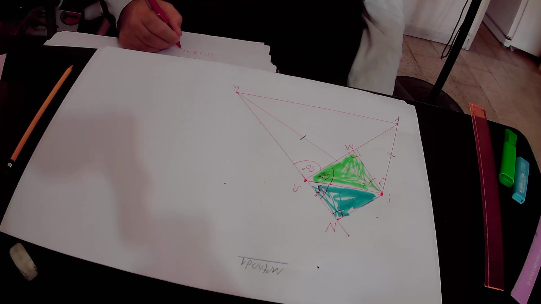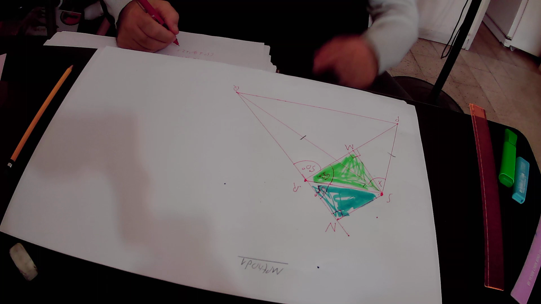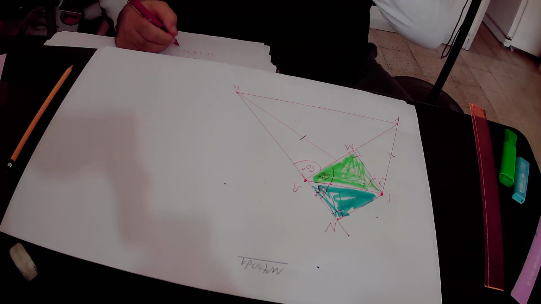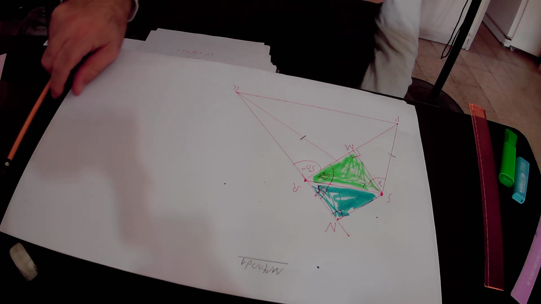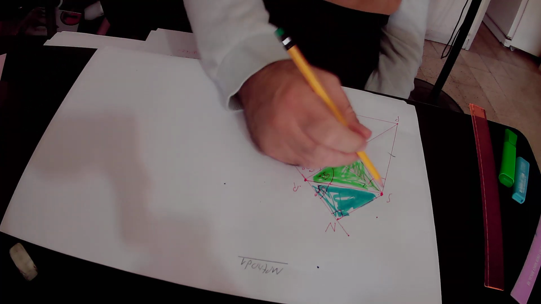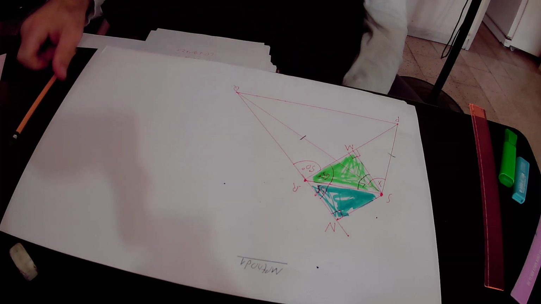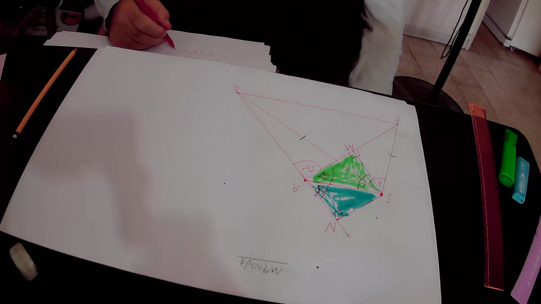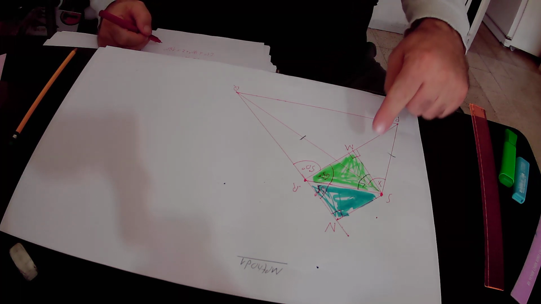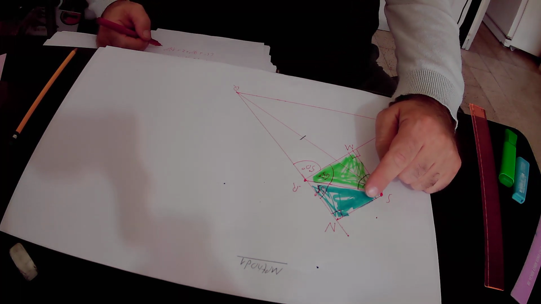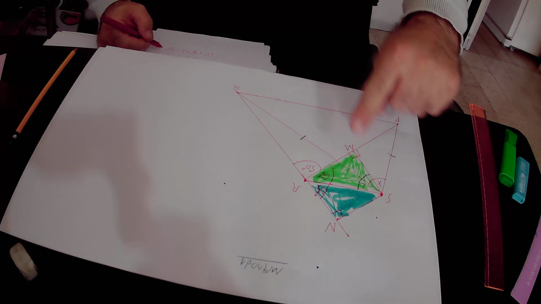So the sum of those three angles in the green triangle must be equal to 180 degrees, and actually Z is also the size of this angle because we have two angles that are equal to each other.